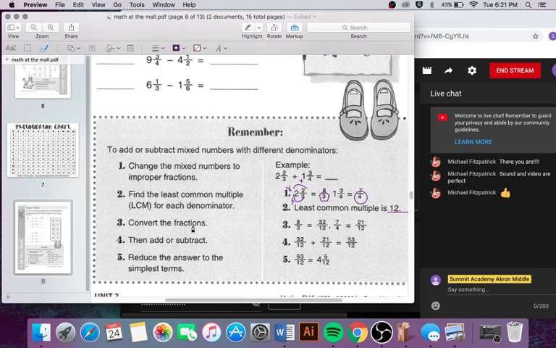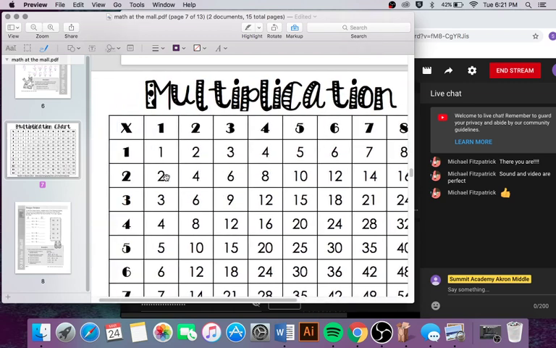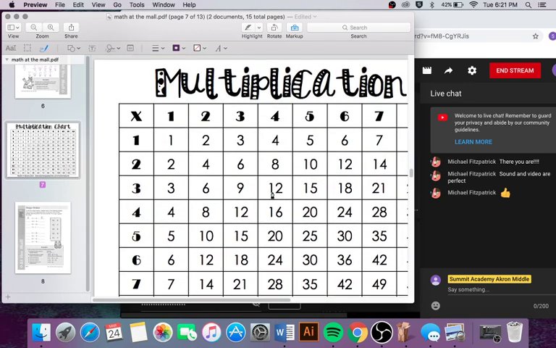Next, we have to convert the fractions. To convert a fraction, we have to figure out how many times 3 goes into our least common multiple, which is 12. 3 goes into 12 4 times.